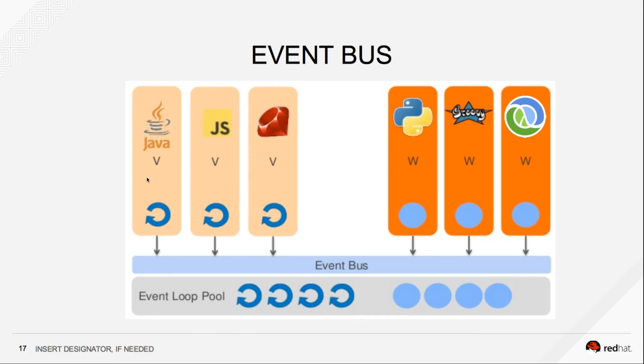You see that I have Java, JavaScript, Ruby, Python, Groovy, and Kotlin here. So you can actually write verticles in different languages, as long as they're supported by the JVM. Then you can deploy them and they can talk to each other using the event bus.